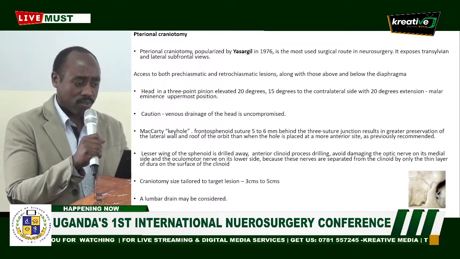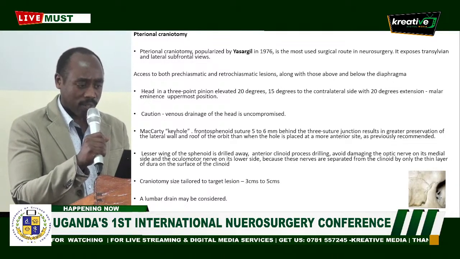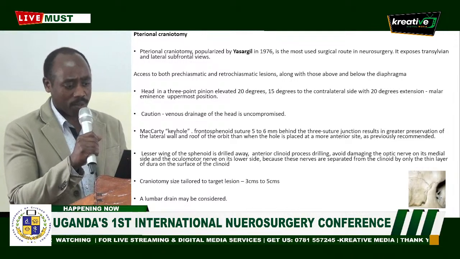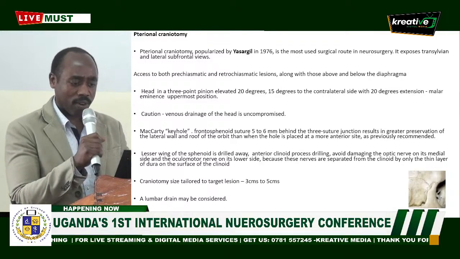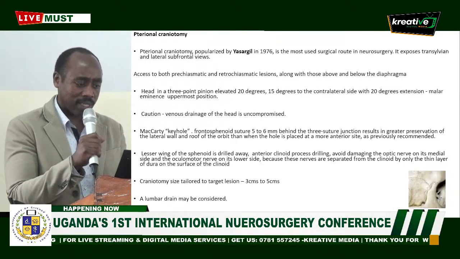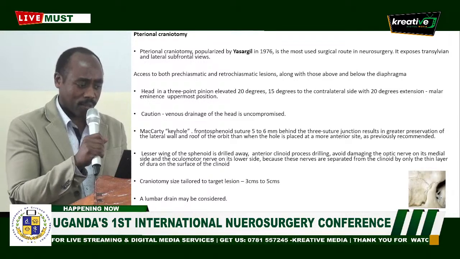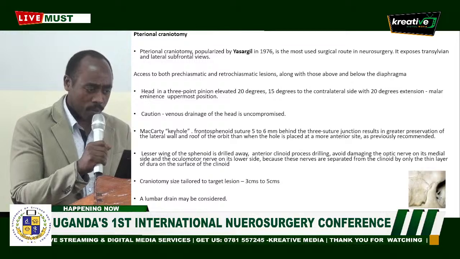And then, of course, it involves drilling the lateral wing of the sphenoid process. Sometimes, depending on the pathology, you can do an SCP drilling, and also you can always open the roof. It gives you all that ability to expose all the anatomy, including the oculomotor nerve.